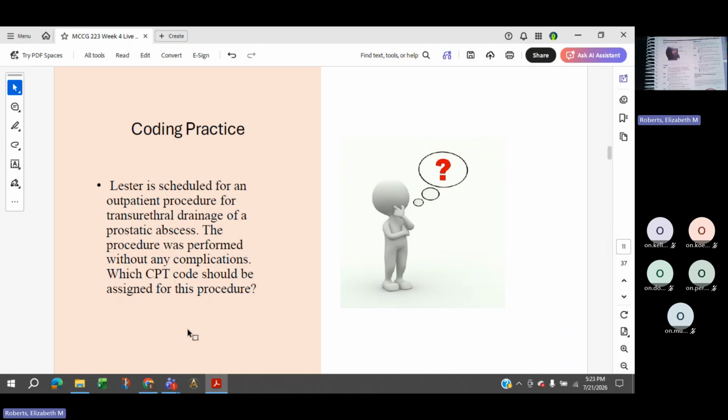He's scheduled for an outpatient procedure for transurethral drainage of a prostatic abscess. So that's what we're doing, we're draining that prostate abscess. So I'm gonna go to drainage, see if we can find it.